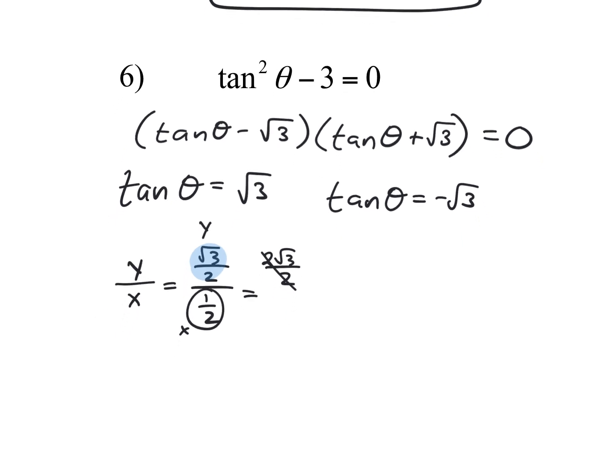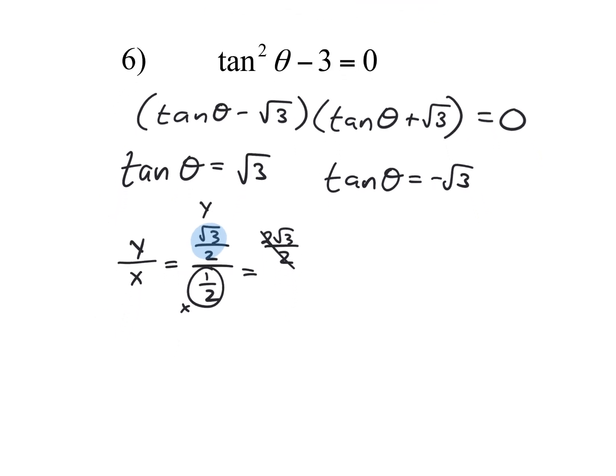Well, that happens at pi over 3. So one of our answers here will be at pi over 3. That is happening when it's a 60-degree reference angle when tangent is positive. That will also happen in the third quadrant, so 4 pi over 3 is an additional answer.